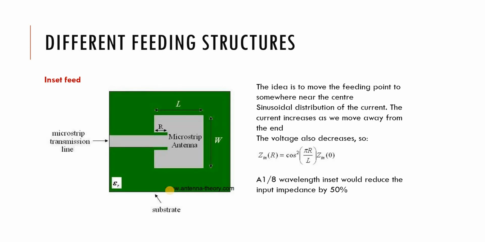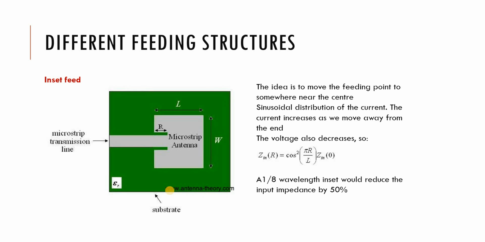First of all, there is microstrip transmission line feeding. As you can see, the idea of this kind of structure for the feeding network is to move the feeding point somewhere near the center, and create a sinusoidal distribution of the current, and the current increases as we move away from the end.